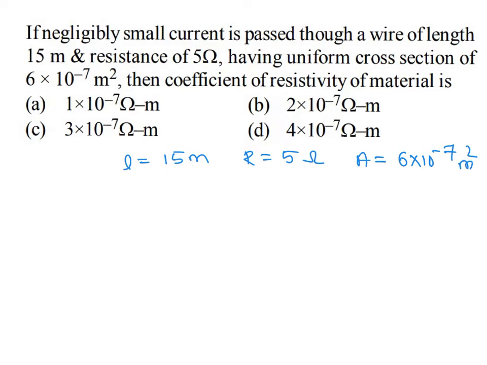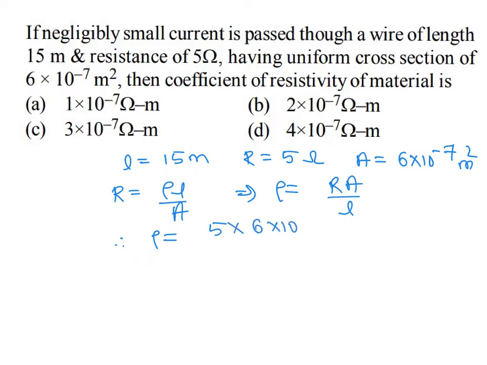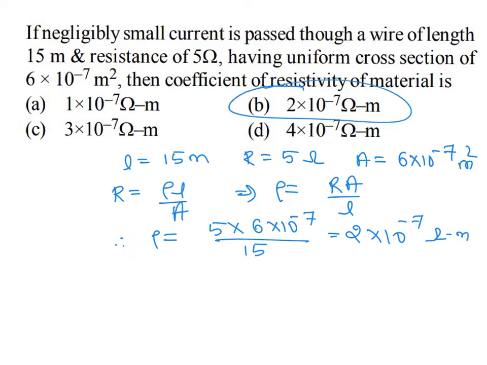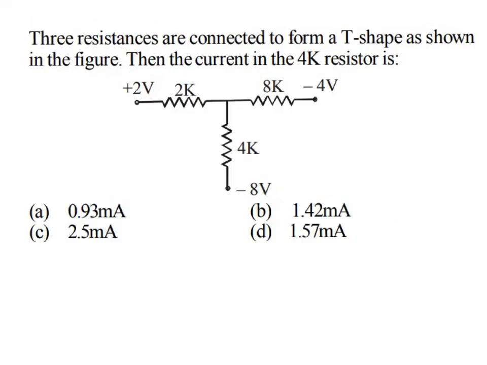Then the resistivity is, you know that resistance R is equal to rho L divided by A. So rho equal to R into A divided by L. Therefore resistivity rho equals 5 ohm times 6 into 10 to the power of minus 7 square meter divided by 15, that is 2 into 10 to the power of minus 7 ohm meter. That's the reason why option B is the right answer for this question.